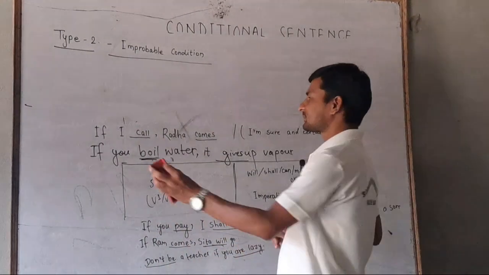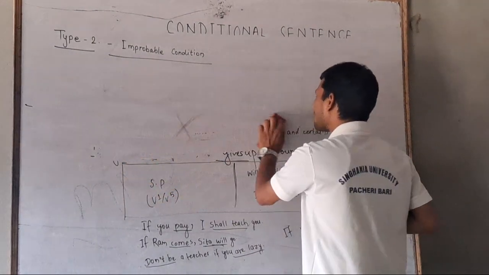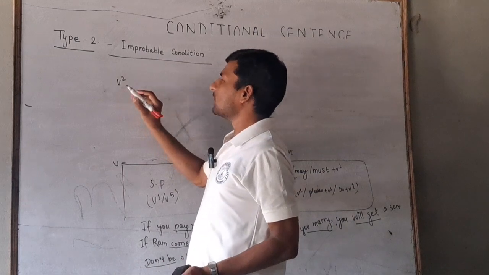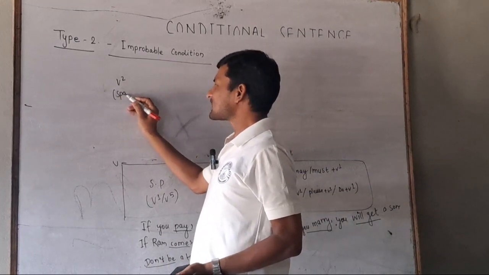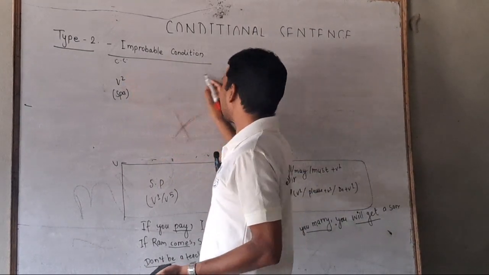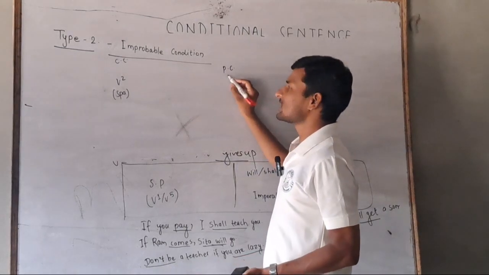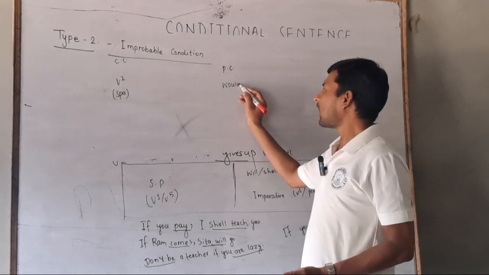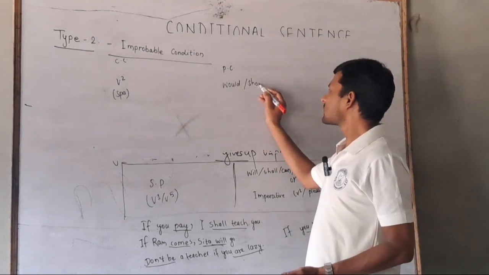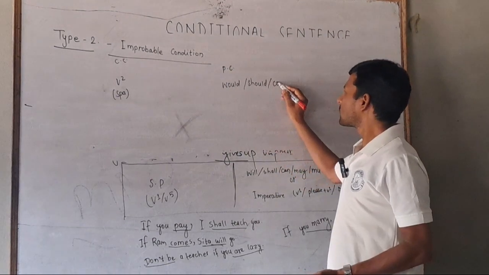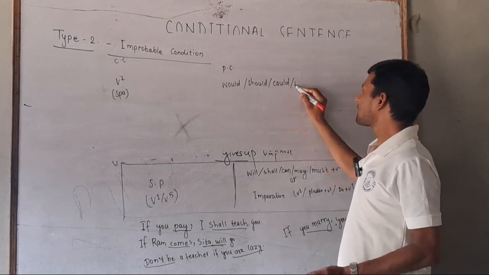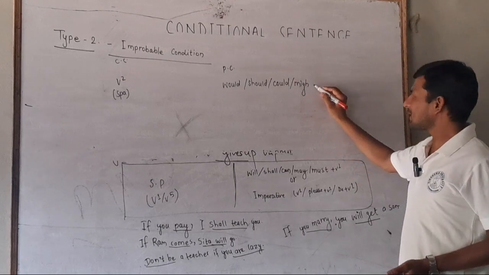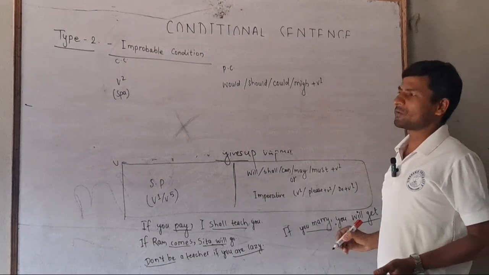In CC, conditional clause, you find verb 2, means simple past tense, and in principal clause you find would or should or could or might plus verb 1.